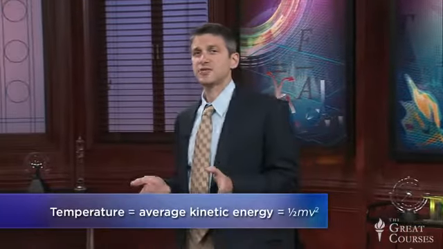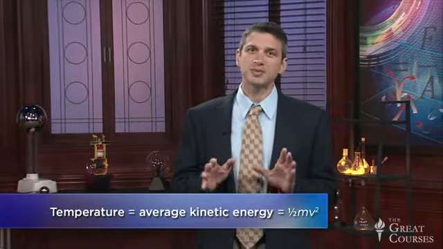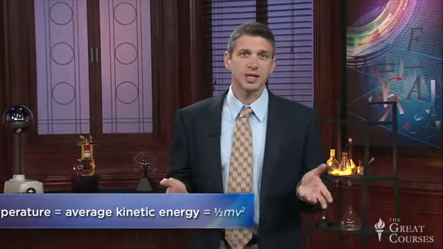Notice from our definition of temperature as the average kinetic energy that the lowest possible temperature value is 0. This happens only if the average velocity of a material is 0, which would mean that every single atom in the material is completely motionless. The Brownian motion table was turned off.